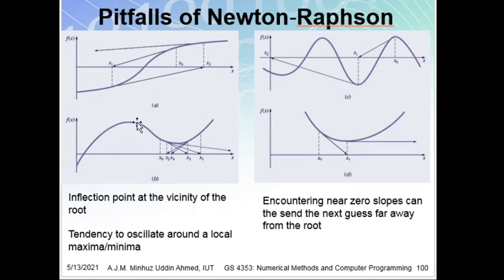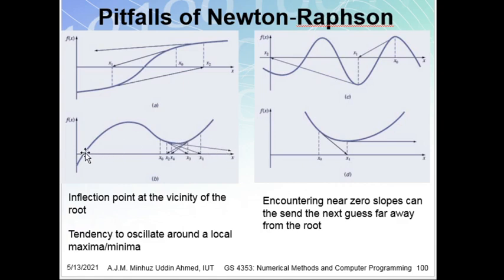This sort of function might create problems for the Newton-Raphson method. Again, in this case, I'm taking the initial guess at this point and taking the slope. This slope gives you x1, and this slope gives you the next point. Although there is no root over there, it will give you this one, and this one, and finally it will take you far away.